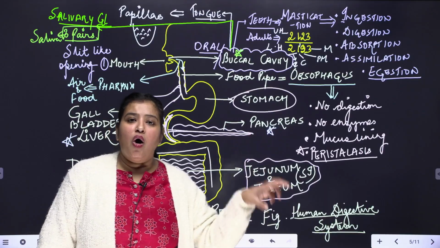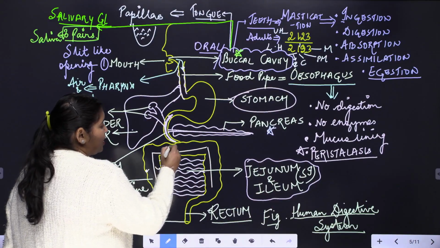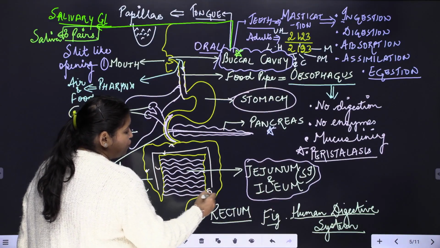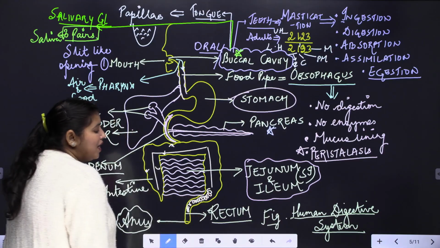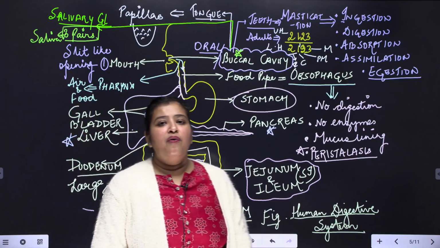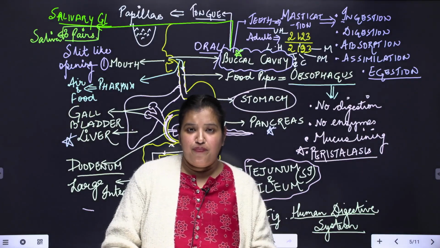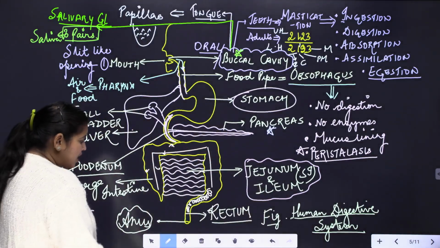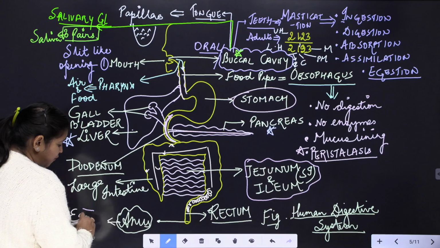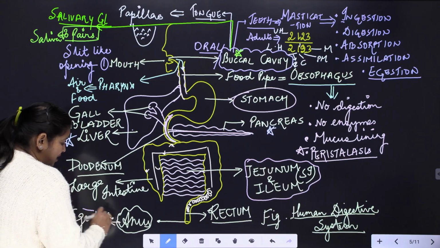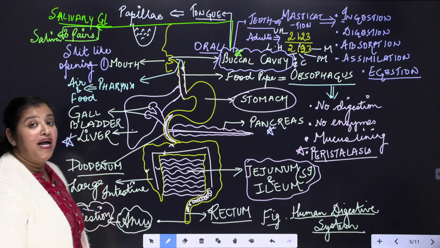So now that water will be absorbed by the walls of the large intestine, converting it into semi-solid form. And this semi-solid form is sent into the rectum, where it is stored for some time till it is given off. All right. And ultimately, the last opening is the anus, which is the site of egestion. That is, the waste is excreted out from the anus.